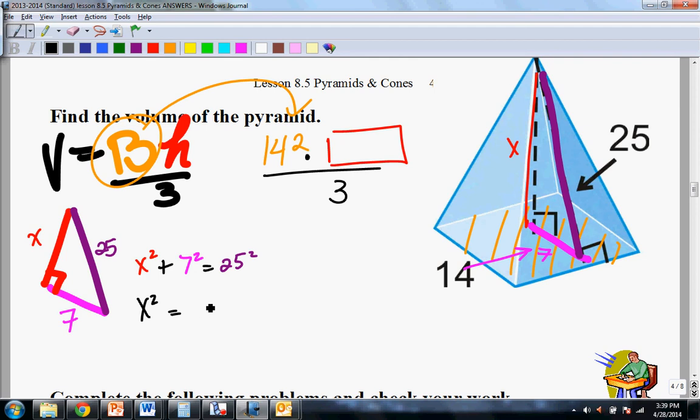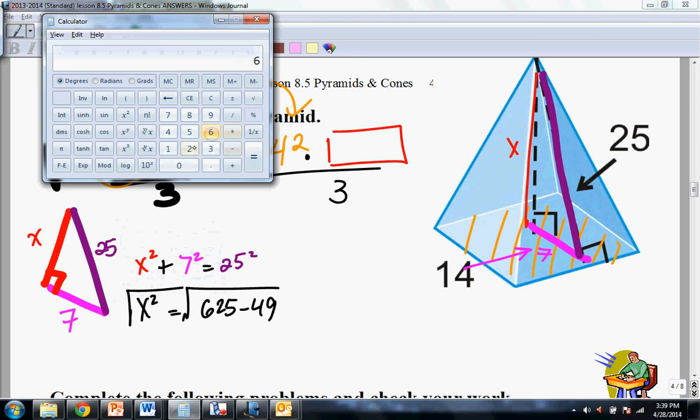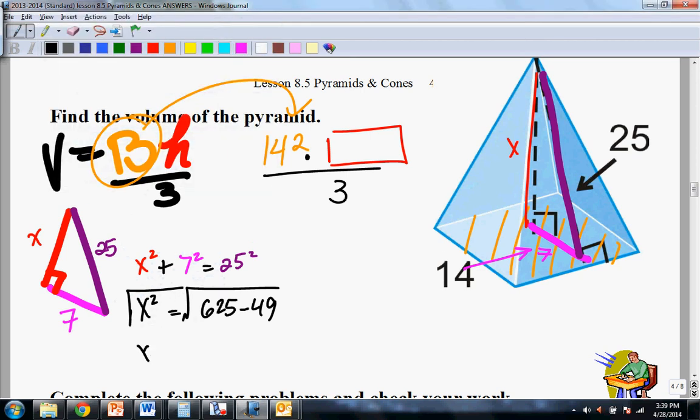So x squared equals 625 minus 49. That's x equals the square root of 576, which is 24. So our true height is 24.